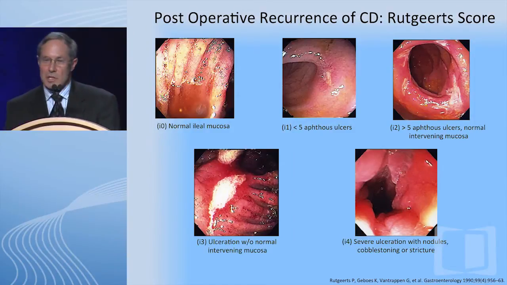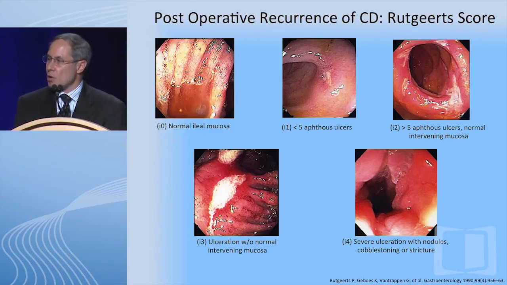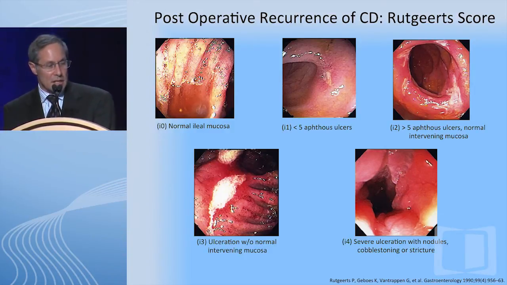Now, these images depict the Rutgers score. There are 5 images here, and the left upper shows normal ileal mucosa. There may be erythema, but there are no ulcers or erosions, and this is a Rutgers I0 score. The middle image is an I1, where there are less than 5 aphthous ulcers.